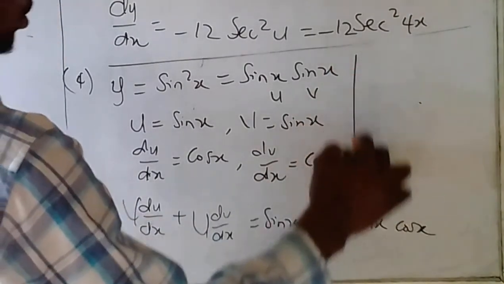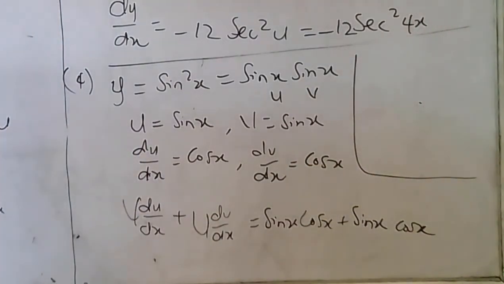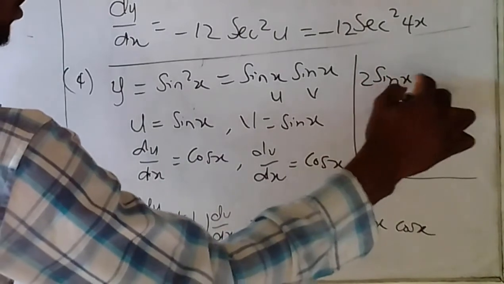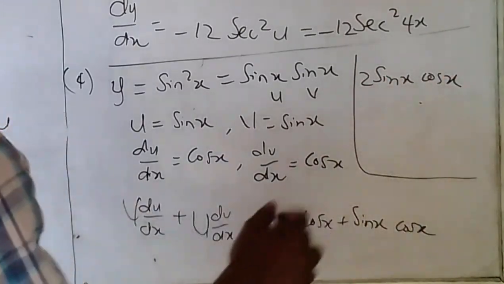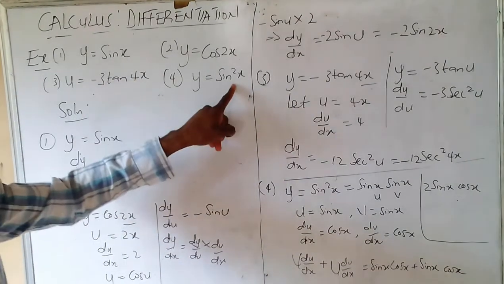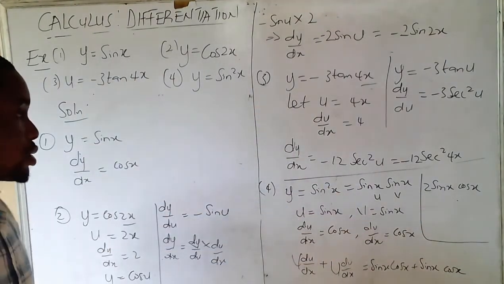So relatively, I would have 2 sin x cos x. So it implies that the differential of y with respect to x for this case is 2 sin x cos x.